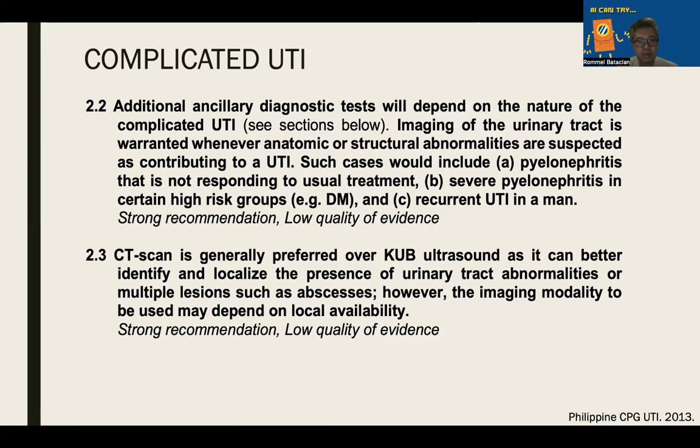Definitely, you want to investigate the urinary tract because usually there are anatomic and structural abnormalities. So CT scan would generally be preferred over KUB ultrasound because it can localize and identify more of the urinary tract abnormalities or multiple lesions.